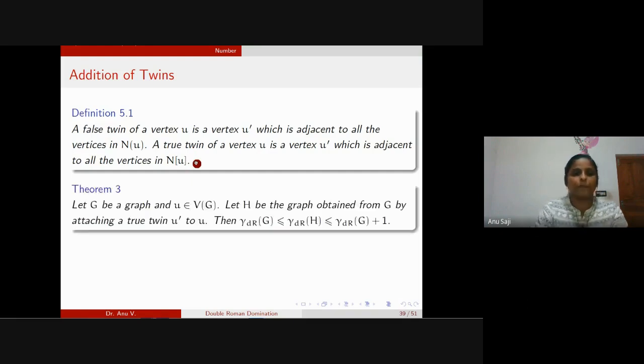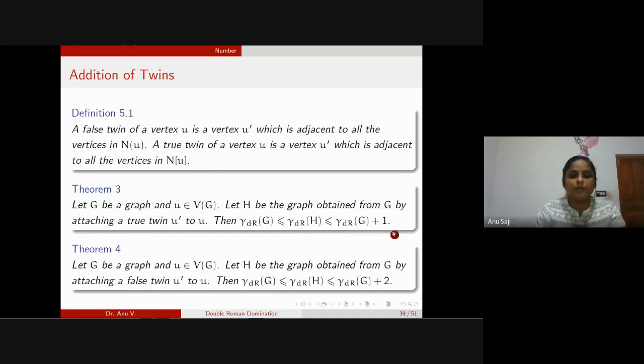We can prove that by adding a true twin, γ_dR will increase by at most 1. But if we add a false twin, then γ_dR will increase by at most 2.